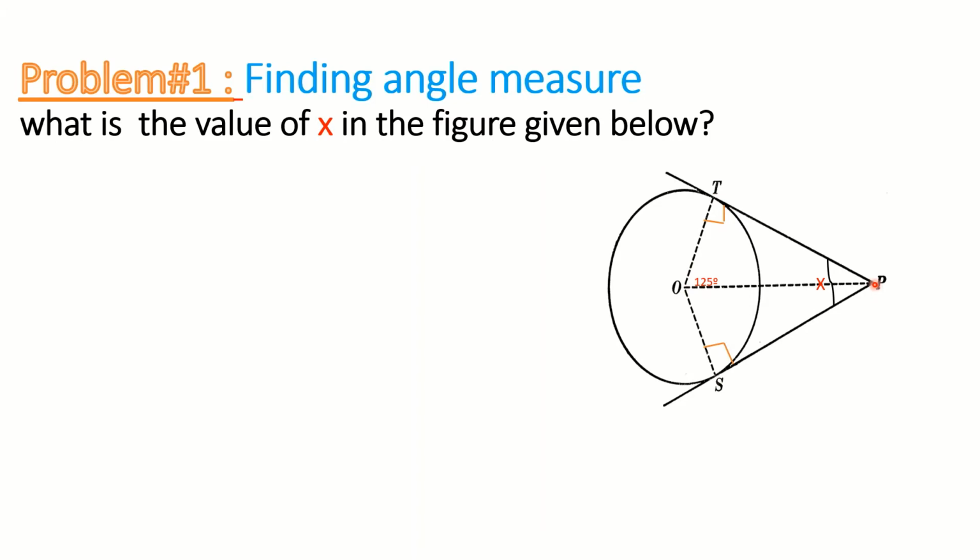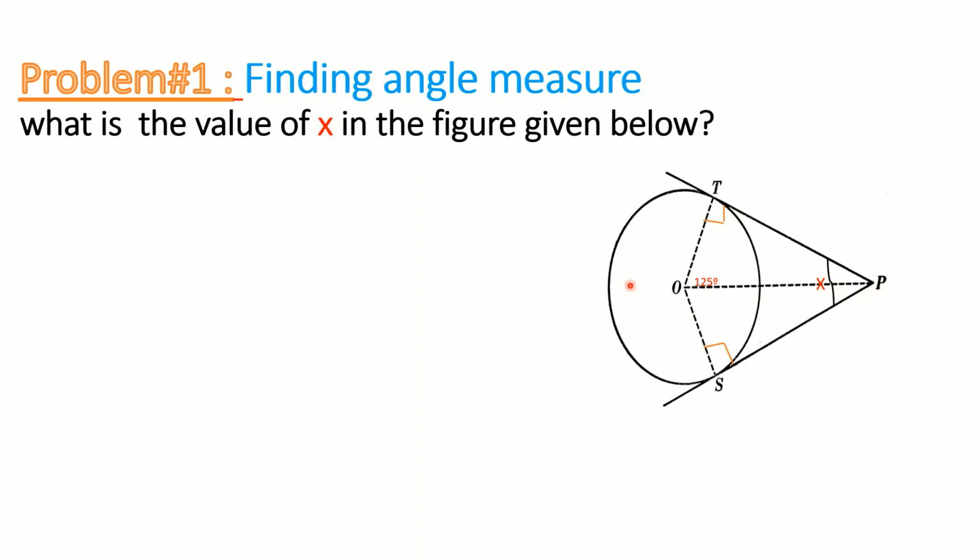It is a four-sided figure with angle T is 90, as PT is tangent to the circle at this point, and angle S is also 90, as PS is tangent to the circle at point C, and the central angle is 125 degrees, and angle P is x.